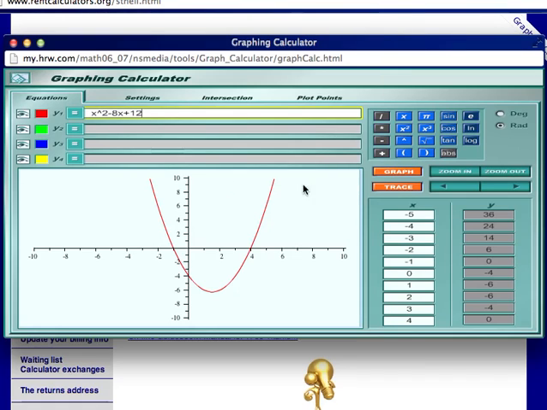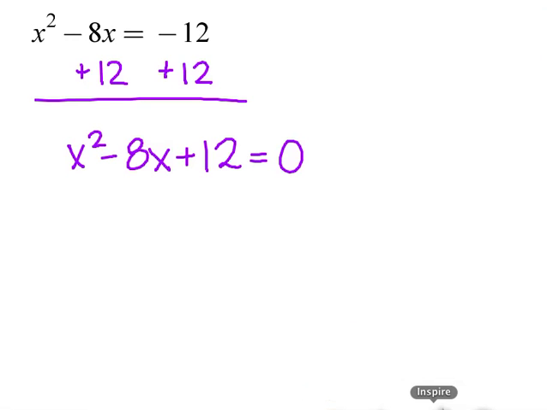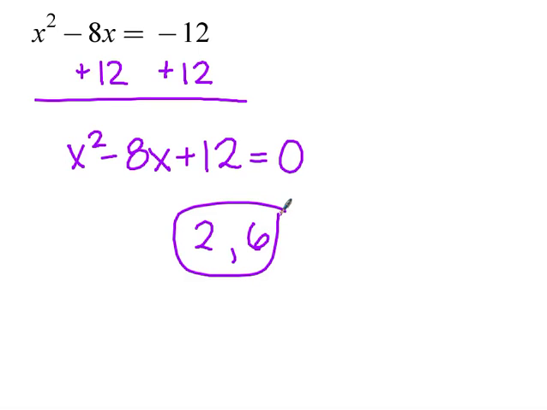Now hit the graph button again. Where do you notice that the solutions are going to be? 2 and 6. So 2 and 6. Any questions so far?